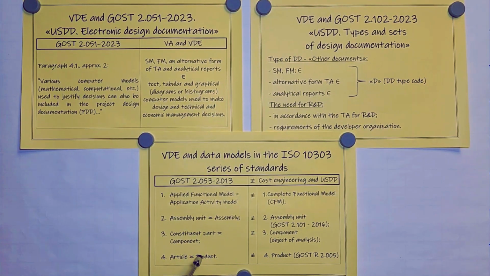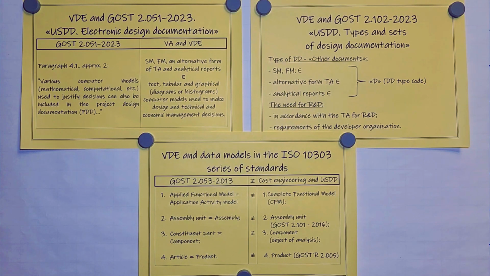The second example, assembly unit. In ISO 10303, assembly is a product that from the point of view of a given subject area can be decomposed into a set of component parts or common assembly units.